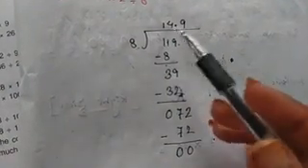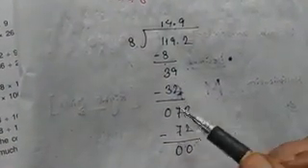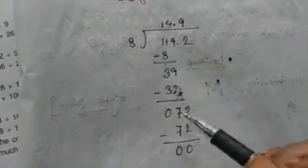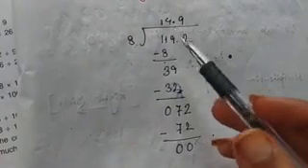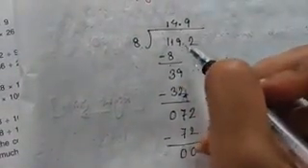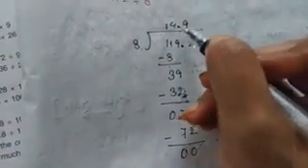So 39 minus 32, 7. Now we'll put the decimal: as in the dividend there is a decimal, we have to put the decimal in the quotient in the same place.